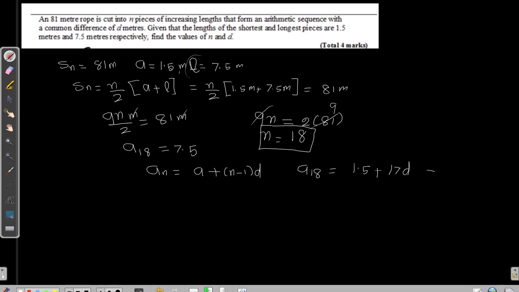We know a_18 is 7.5. So what do you do? You solve for 17d, subtract 1.5 from both sides. 7.5 minus 1.5 is 6. So d equal to 6 over 17 meters. So this is the answer. d is 6 over 17.